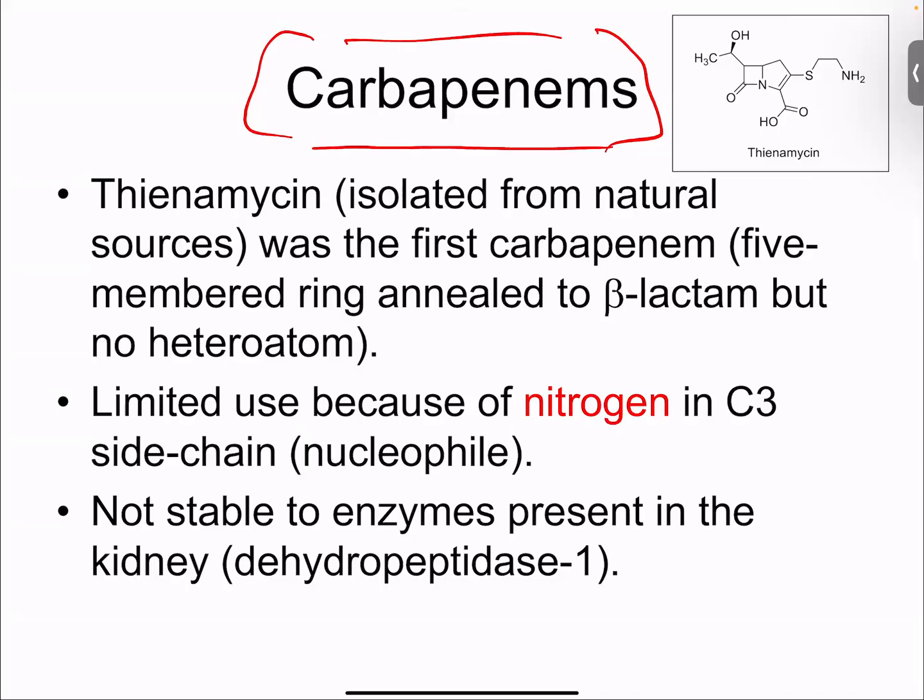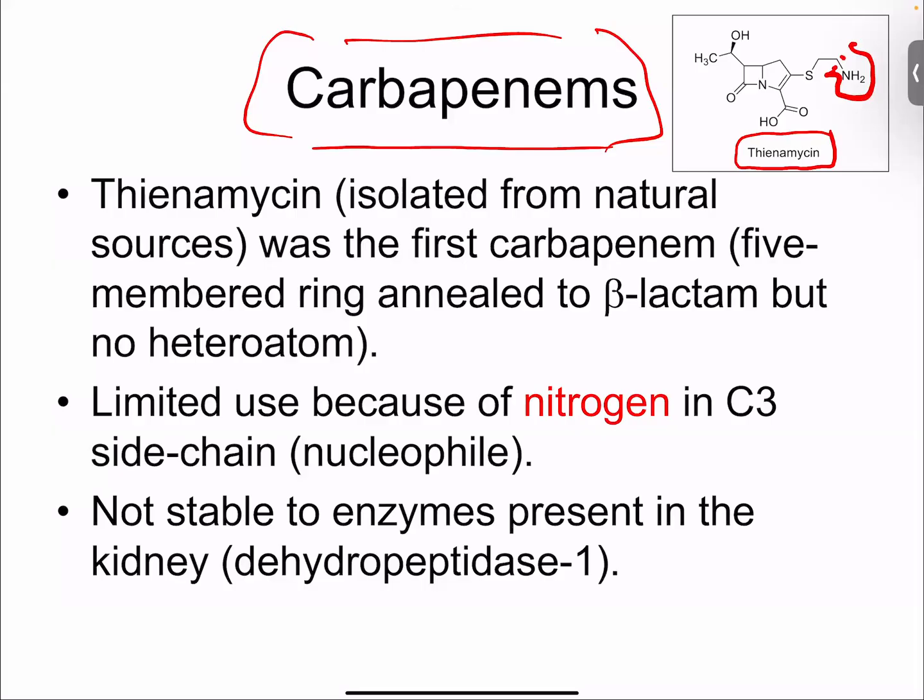Okay, carbapenems. Thienamycin is an old metabolite that was identified years and years ago. Unfortunately, thienamycin wasn't amenable to clinical use because it didn't have the stability that we needed to package it up in a vial, mix it up in a piggyback, and then inject it into the patients. So the nucleophilic side chain coming off the 3' position precluded its use clinically.